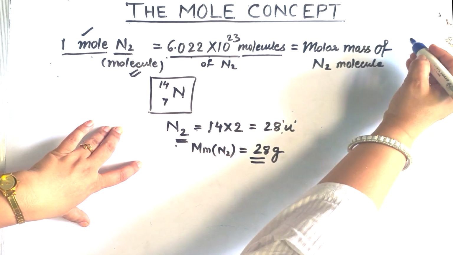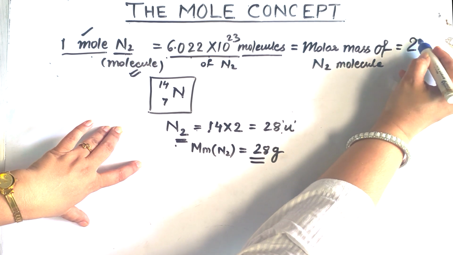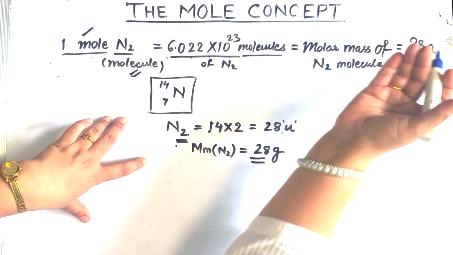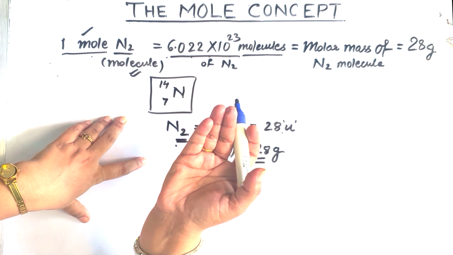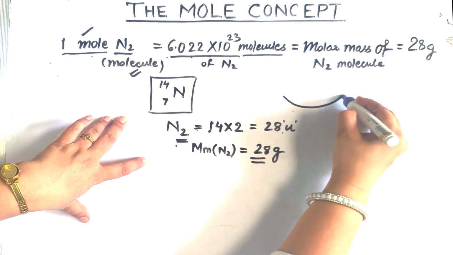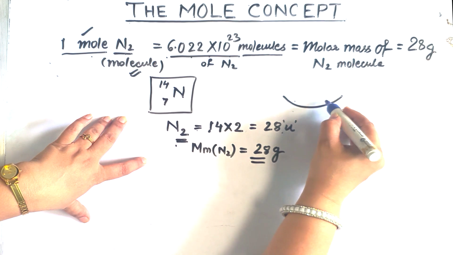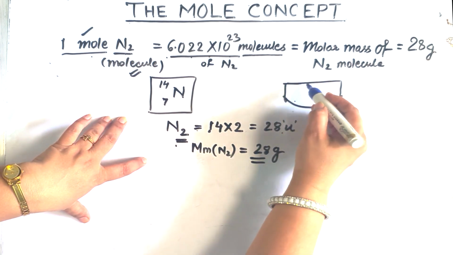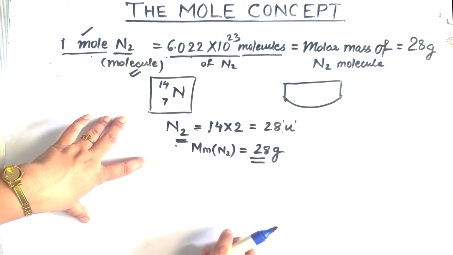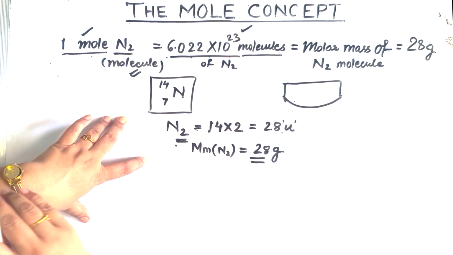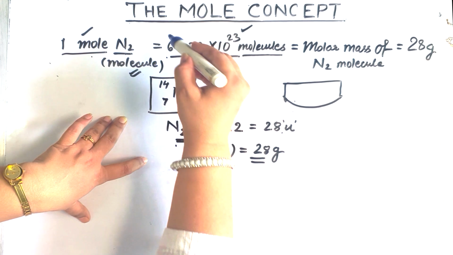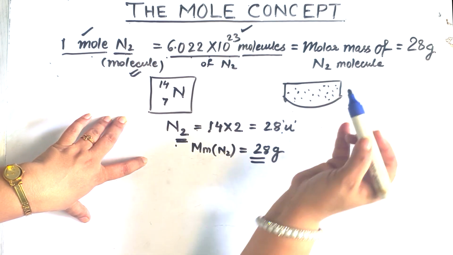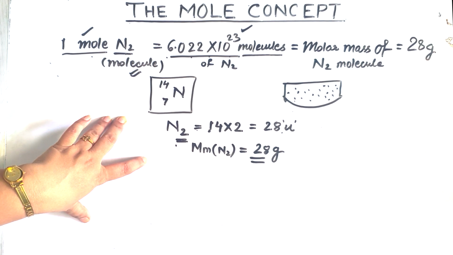I hope you are understanding now that if I take this 28 grams of nitrogen, in this container, not in a bowl because it is a gas, so here in this volume I have taken 28 grams of nitrogen, and it will definitely have 6.022 × 10^23 particles of nitrogen.